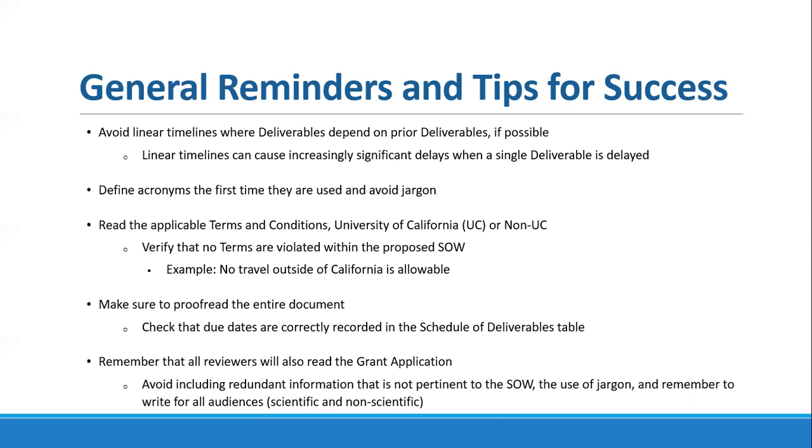Just make sure those all match and that there are no easy errors, because as people are reading and reviewing these documents, those things can definitely cause a reviewer to look at your application more poorly. I would say the more sloppily your materials are put together, the worse off you're going to be. And remember that all reviewers are going to read this application.